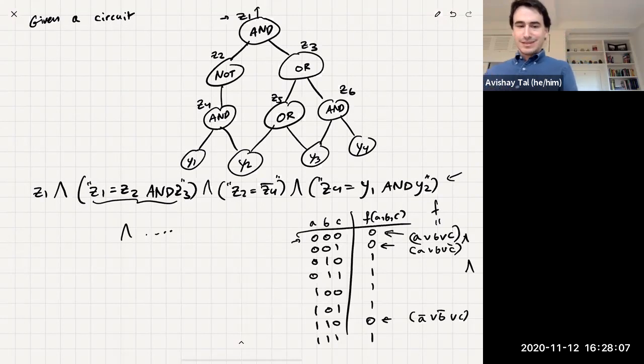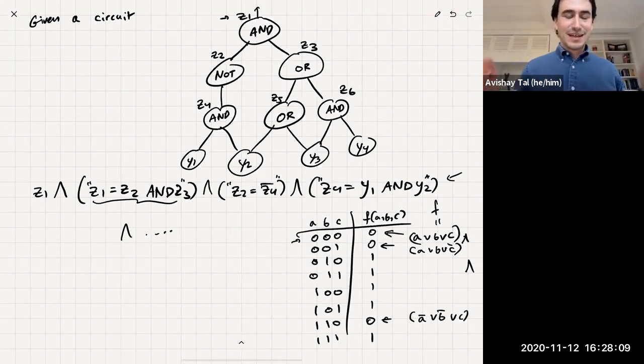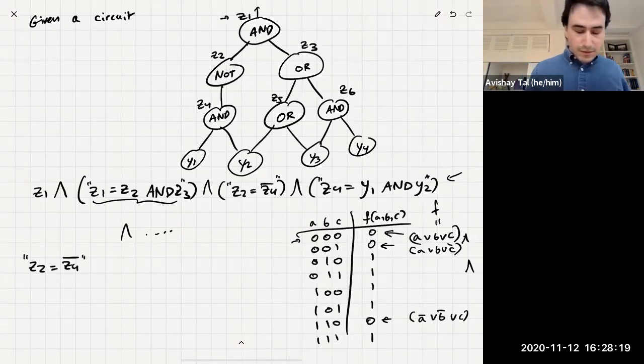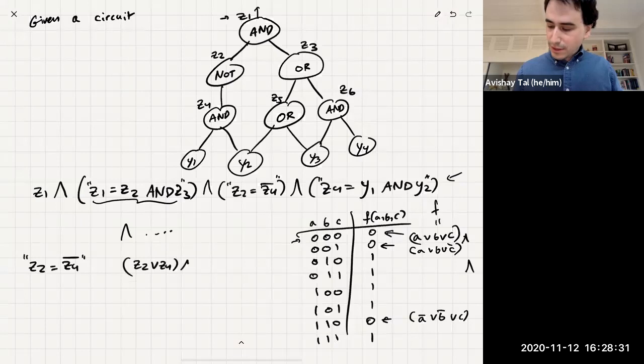But I can also give you a cheat sheet of how to convert these things. For example, let's say that I want to convert the expression Z2 equals Z4 naught. I did my homework and checked how to convert it into CNF form. The way to convert it is to say Z2 or Z4, and Z2 naught or Z4 naught.